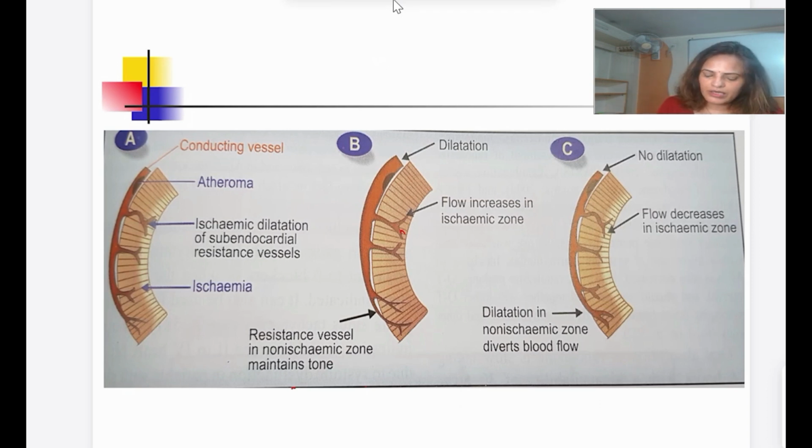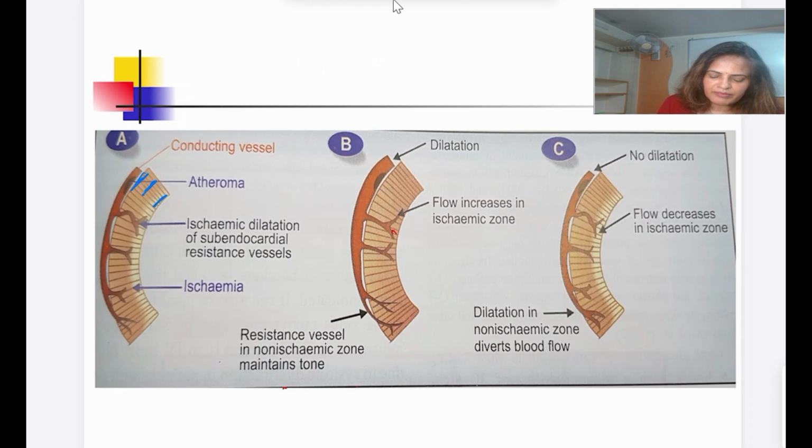So this is again the epicardium, myocardium and endocardium. So this is the main conducting artery and here an atheroma is there. Then what will happen?